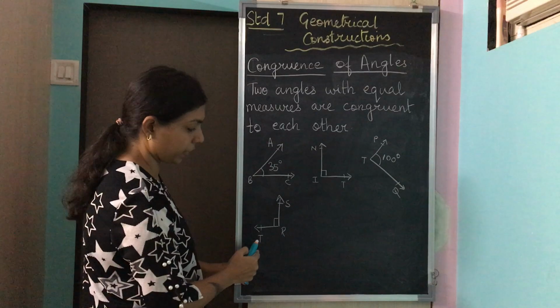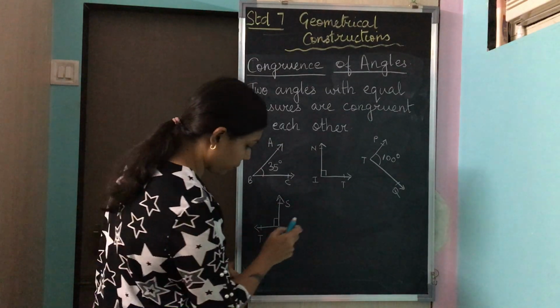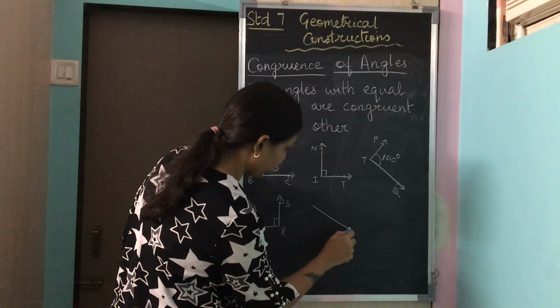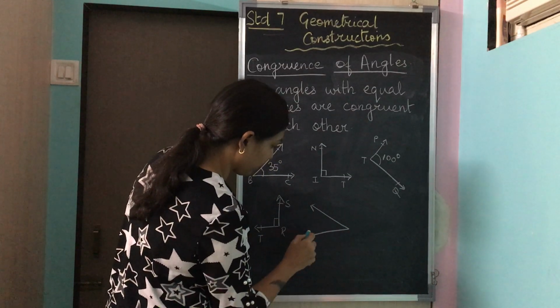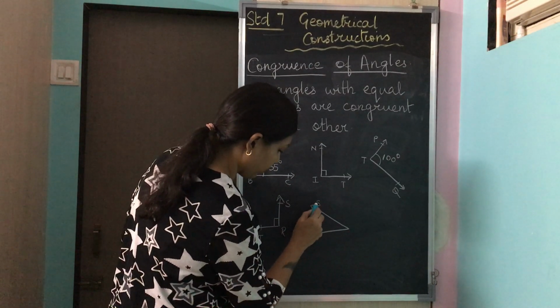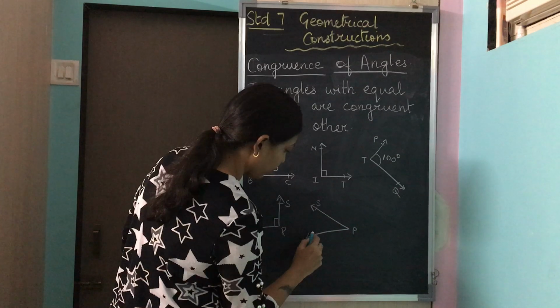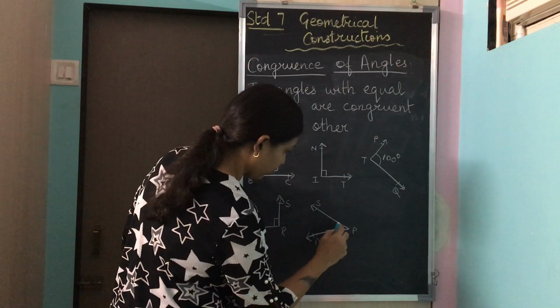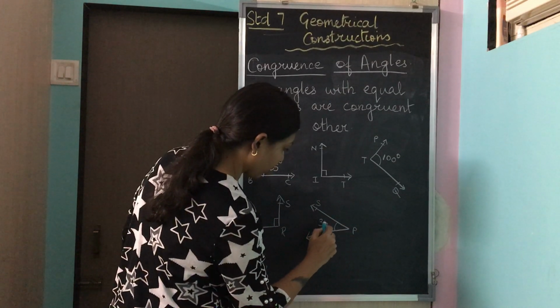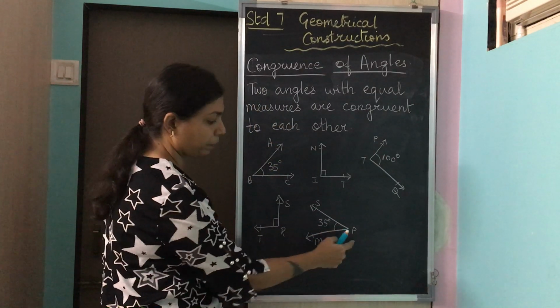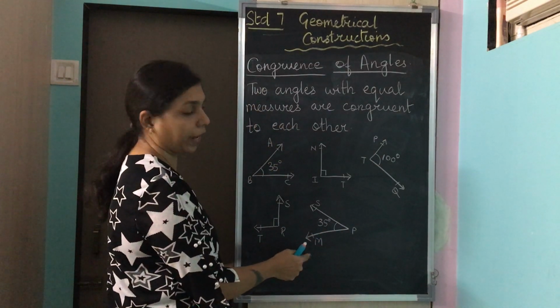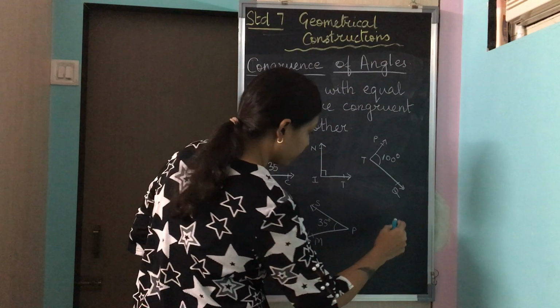Angle SRT, which is a right angle. Angle SPM, which is an acute angle, 35 degrees.